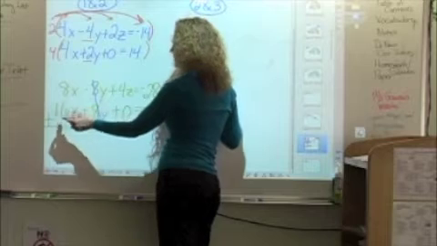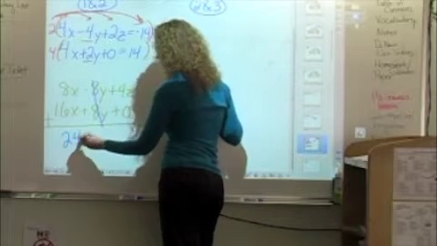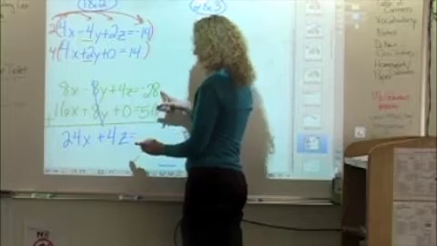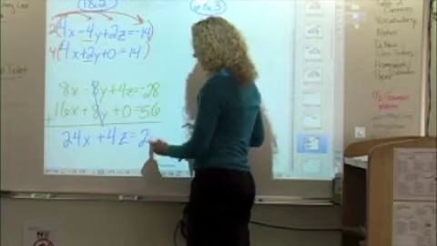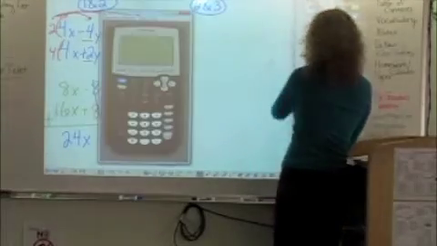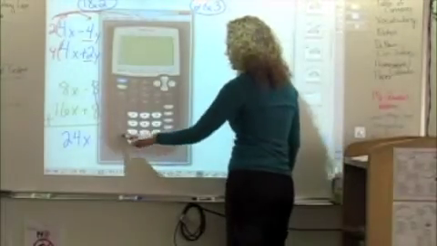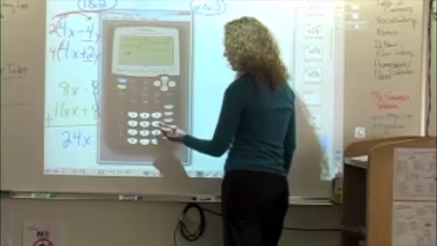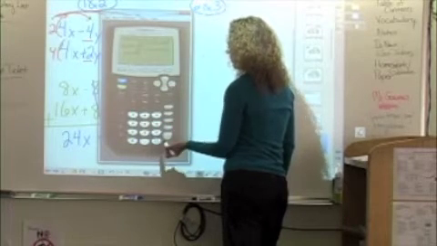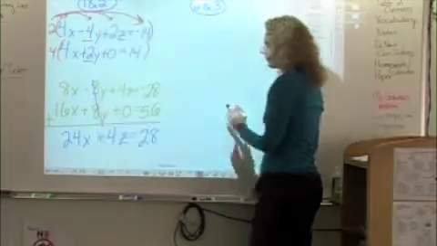So 8 plus 16 is going to give me a 24x plus 4z equals, when I add this up, negative 28 plus 56. Again, if you struggle with any of that, you can simply use your calculator. Negative 28 plus 56, enter. And you see that it's 28.